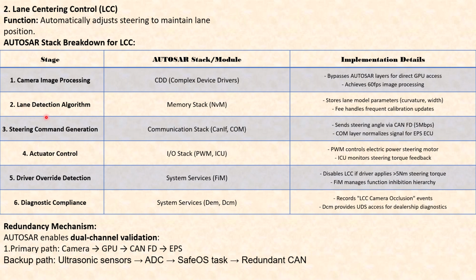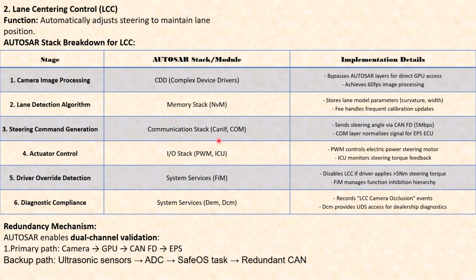Now, when it comes to the lane detection algorithm, the responsibility is the memory stack, and it stores lane model parameters like curvature and width, and FEE handles frequent calibration updates. Please refer to the previous video for this FEE acronym. Next comes the steering command generation.